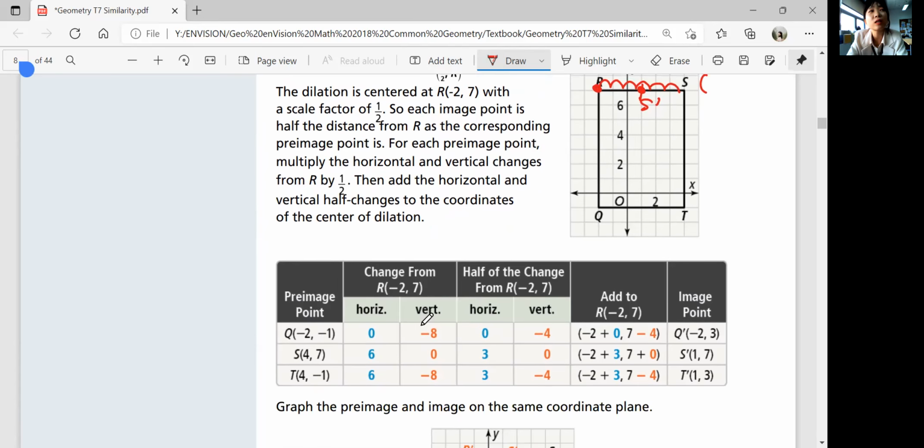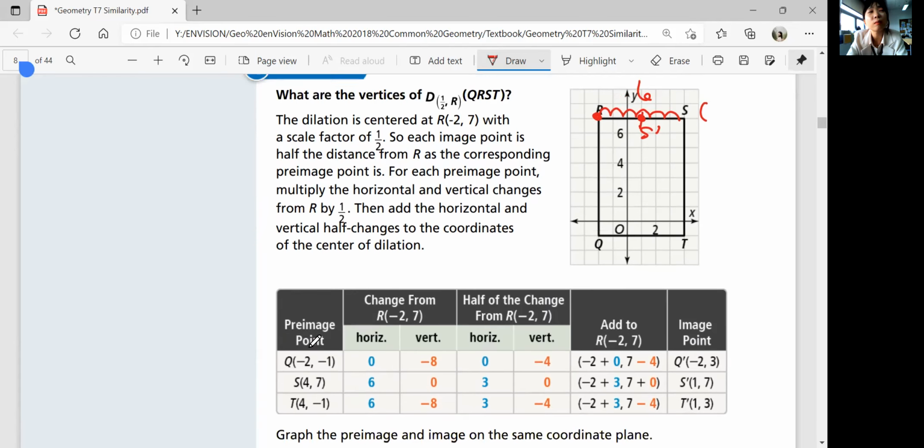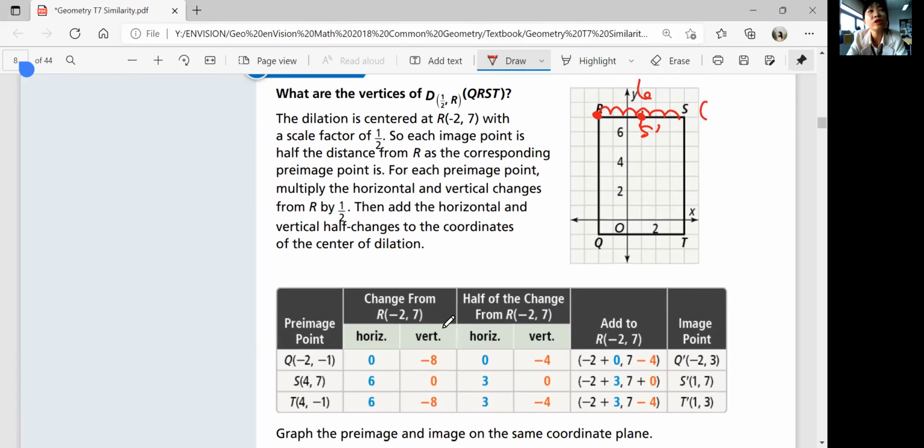So look at this chart. Pre-image point is labeled here. And then you need to find the change from point R, so that you know the distance. Now half the change from point R is your calculation. And then you add it to the R, so that's how much distance you're away from R. And then that's how you get the image point.